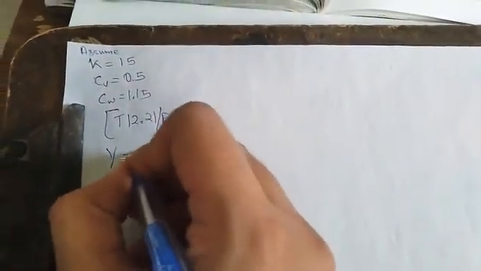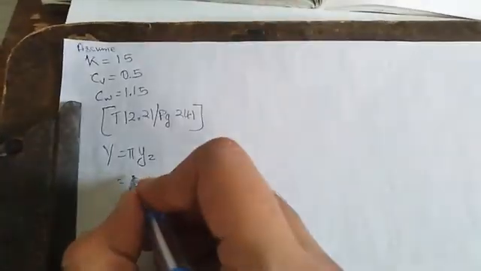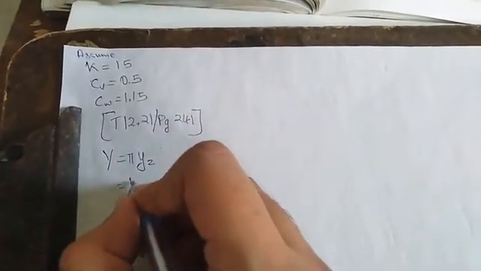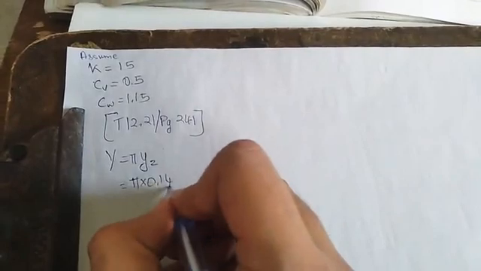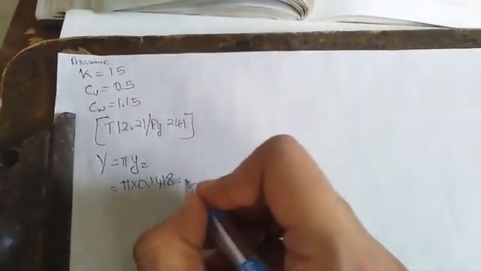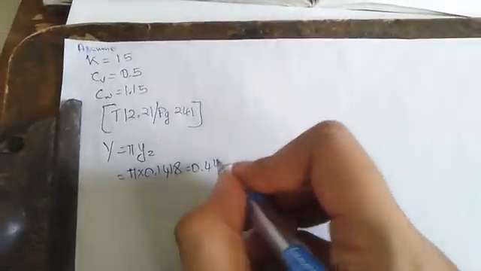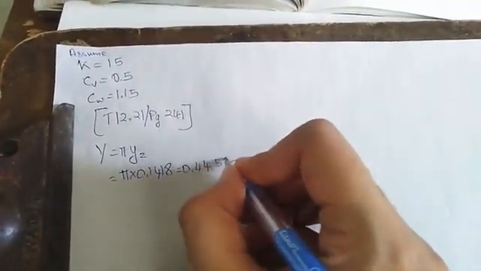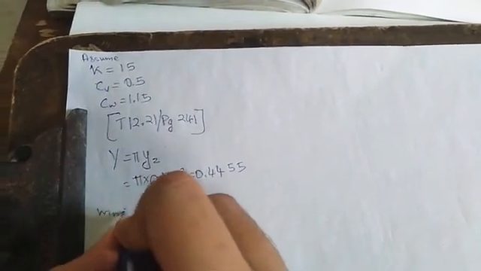Y is equal to pi y2, that is pi into 0.1418. It is 0.4455.